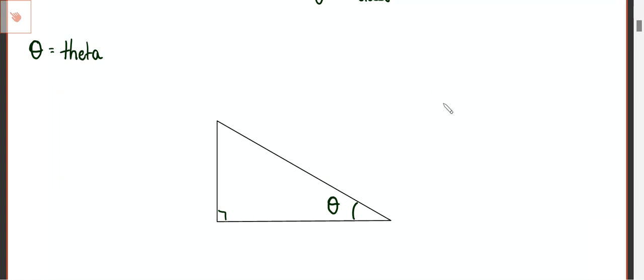Now, with trigonometry, with a right angle triangle only, we are looking to name certain sides. So not just A, B, and C this time. We have what's called the hypotenuse. We have an adjacent side, and we have an opposite side. Do you remember this?